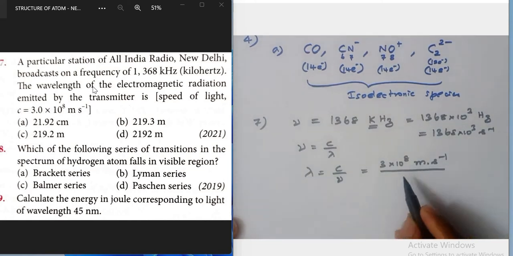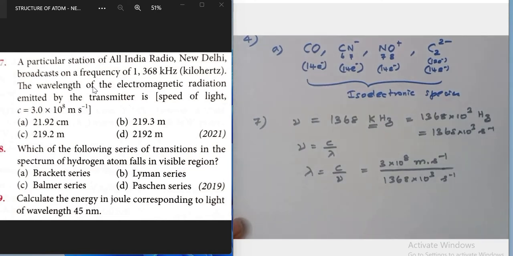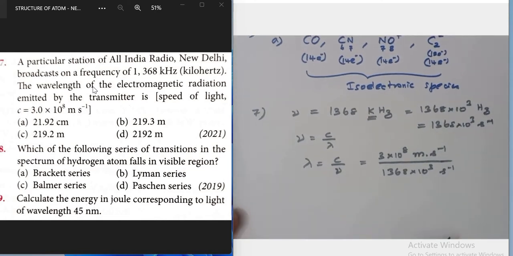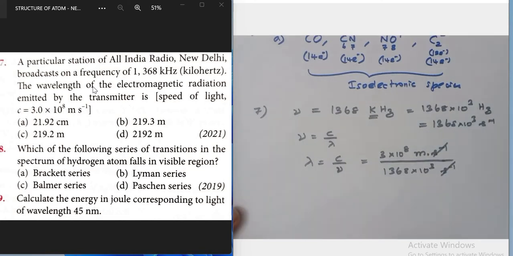I'll substitute this value here: 1368 into 10 to the power 3 second inverse. If I divide these two, the second inverse cancels.